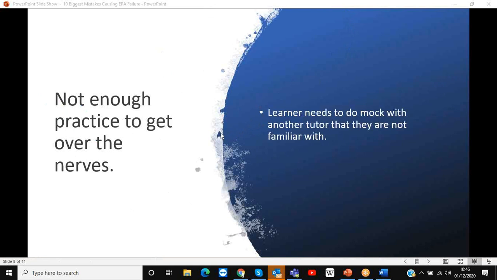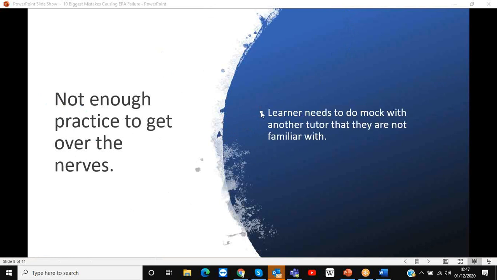Whenever I have a confident and prepared learner come through, it's extremely apparent, and they're able to give that extra level of information by being confident in their own abilities and what they're doing, compared to a learner who's nervous and unsure what answer to give, or unsure about their own performance.